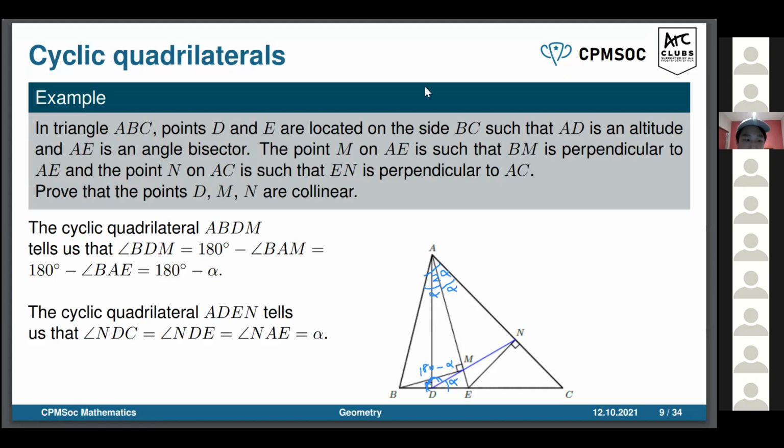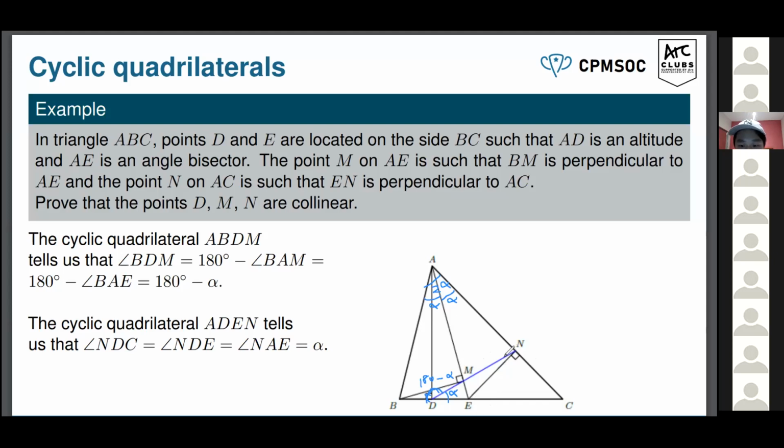Also, cyclic quadrilateral ADEN tells us that NDE is equal to NAE. I'll draw the circle again. From our second quadrilateral property, that's a very bad circle, we can see that this angle is alpha, which is subtended by the arc EN.